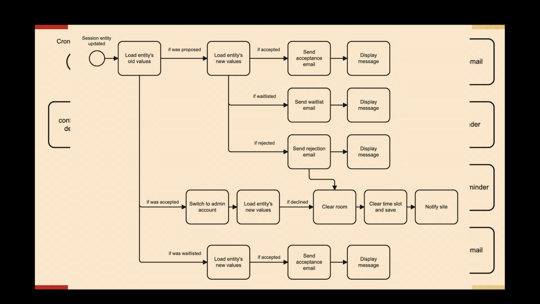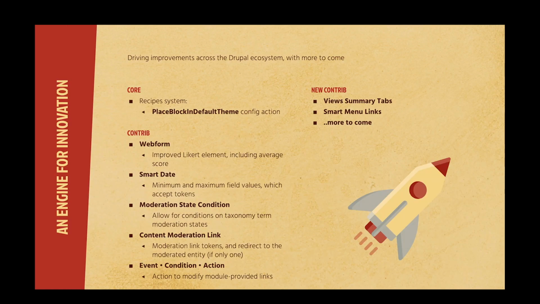So, when it's accepted, rejected, or waitlisted. Later on, if an accepted session gets declined, some of those kinds of things. So again, lots of very rich functionality implemented through ECA that is fully customizable if you need to.